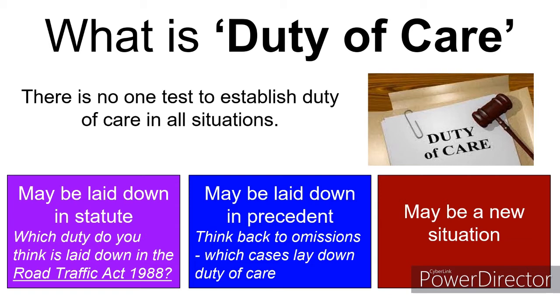However, sometimes the situation that you might get in your exam will be an entirely new situation. So my advice will be, in your exam, you will need to recognise that there isn't a single test and that sometimes there's an obvious duty of care. And if there isn't, you'll need to go through the test that is used when it's a new situation.